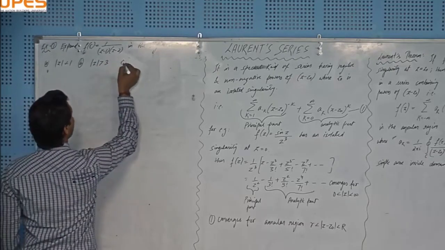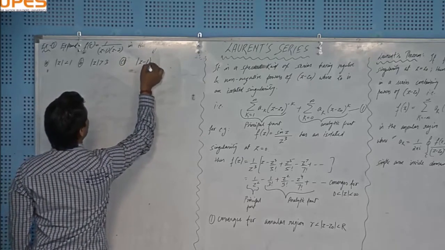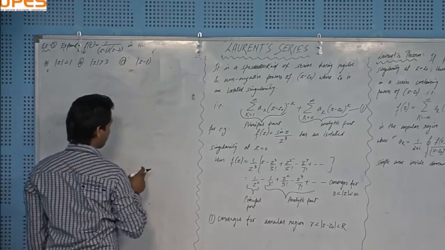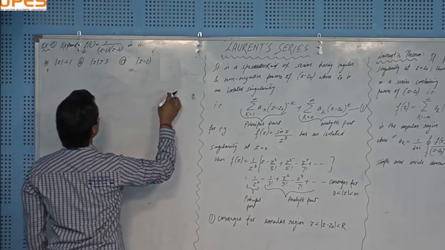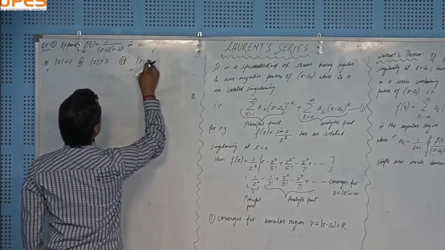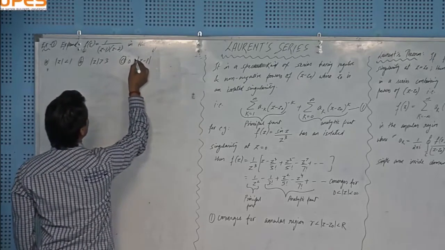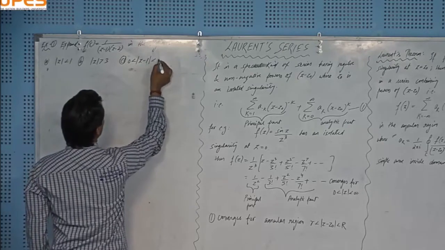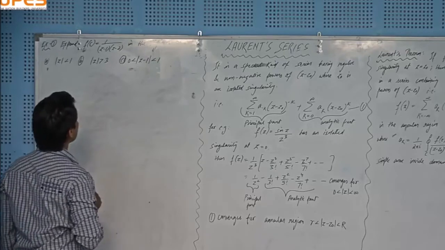And third, if I take the center at 1, mod z minus 1, then it should be greater than 0 and less than 1.